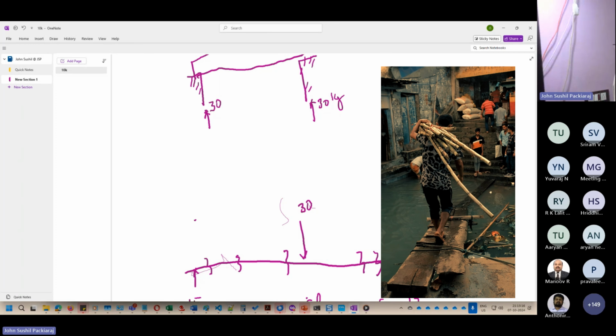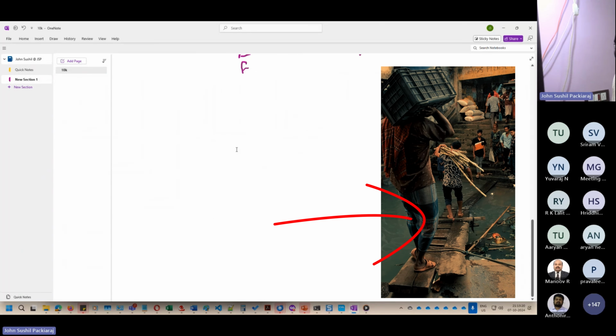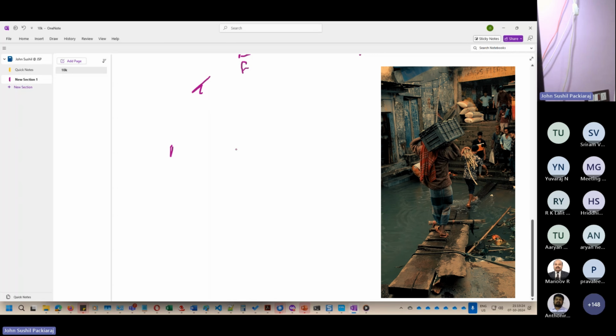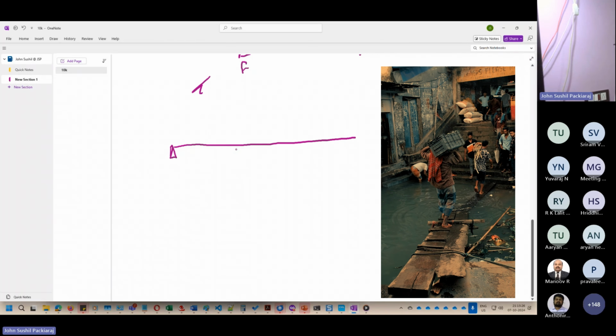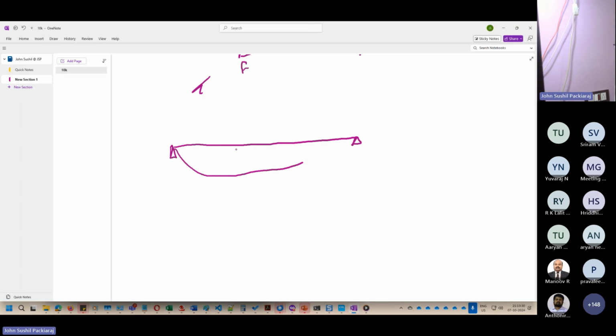That means you don't want the beam to bend so much that it's going to cause anybody who's using it to feel uncomfortable. So if suppose there is a bridge over here, you don't want it to bend so much because of a load.